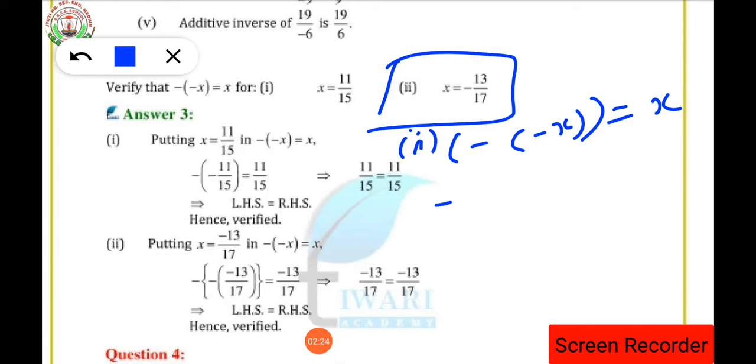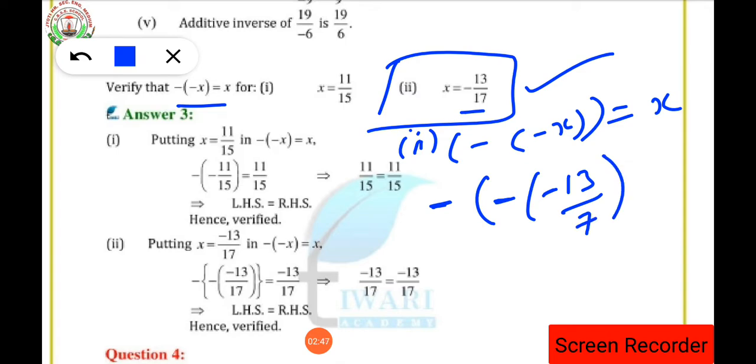So the first two minus signs come from the question itself, and this other minus is from the value of x, which is minus 13 upon 17. Have you understood up to here?